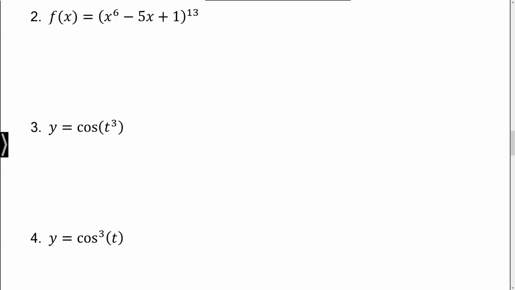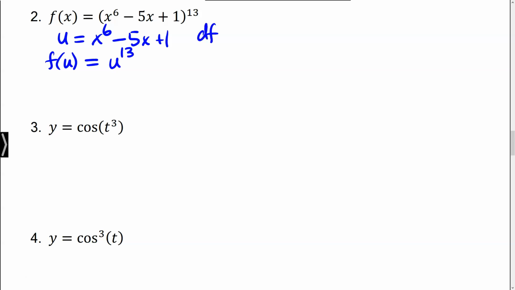So for our outer function, think about what goes first and what comes second. The outer function is raising to the 13th power because we do that last. The polynomial is first. So our u here is x to the 6th minus 5x plus 1, and our f of u is u to the 13th.